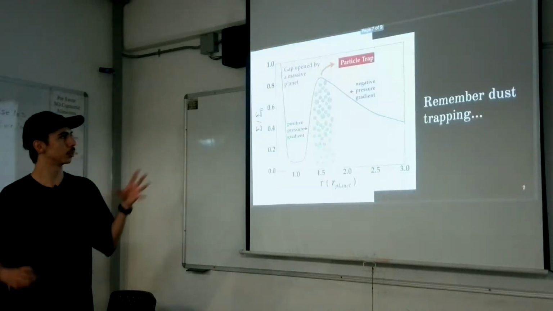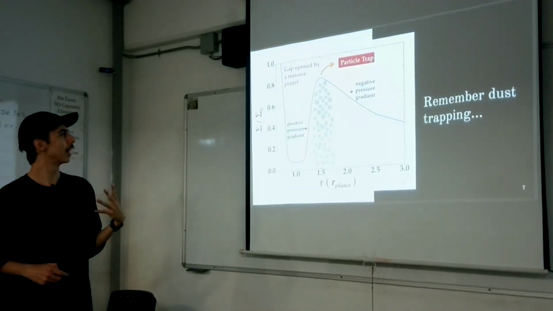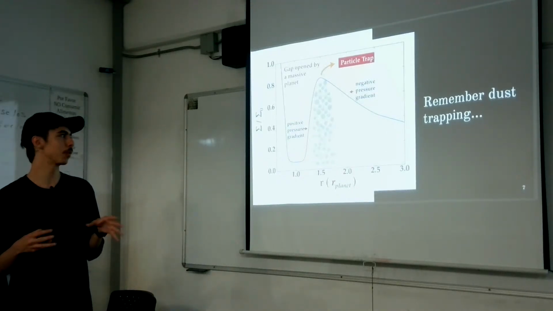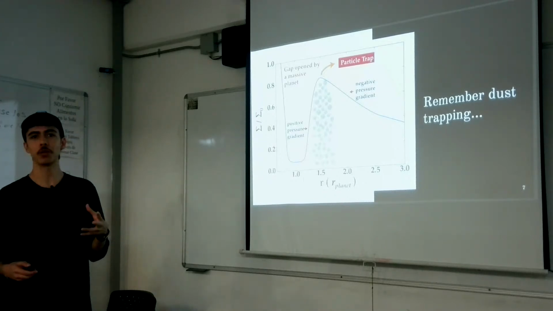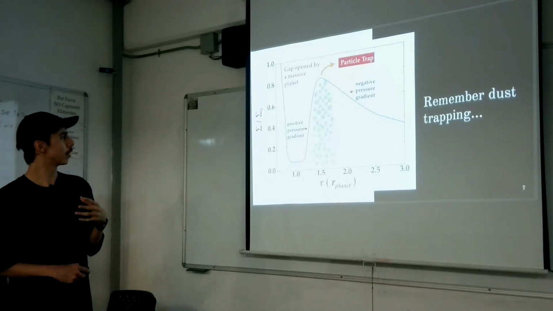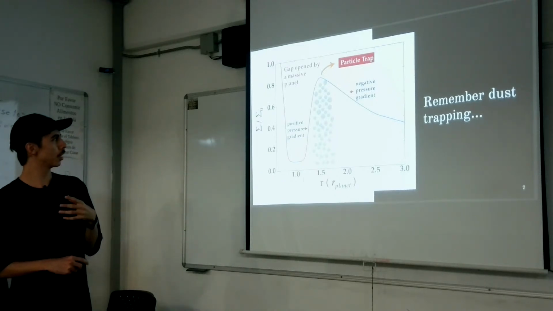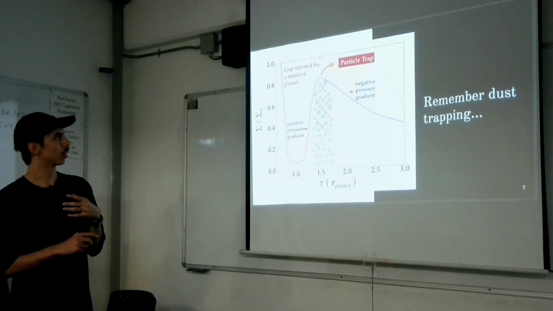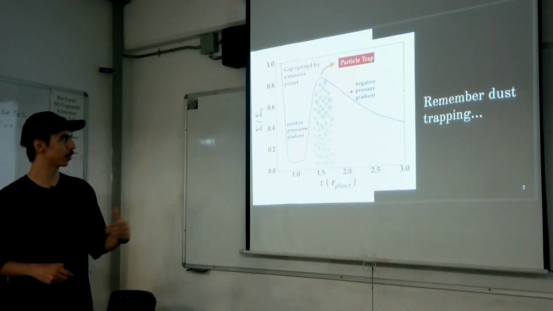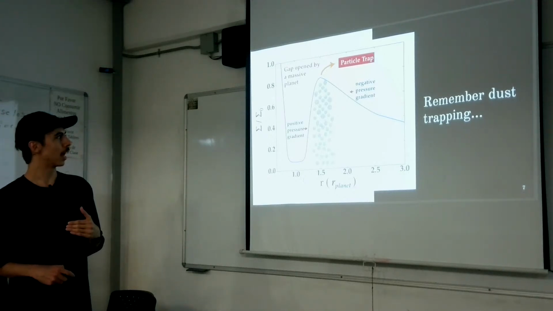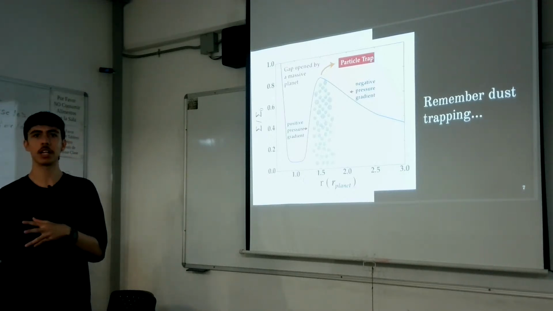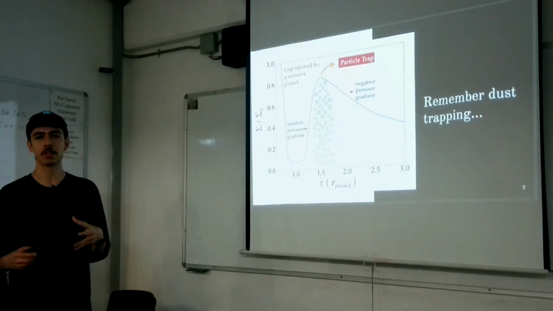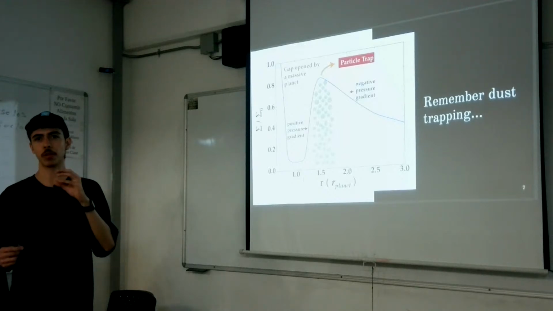And don't forget about dust trapping. The thing that could lead to these different values of dust mass around the planet is that if you put a protoplanet here, it will create a pressure gradient that will trap dust in an outer part of the disk. Essentially, what they were saying while analyzing the data is that this probably traps more effectively the grains of larger size.